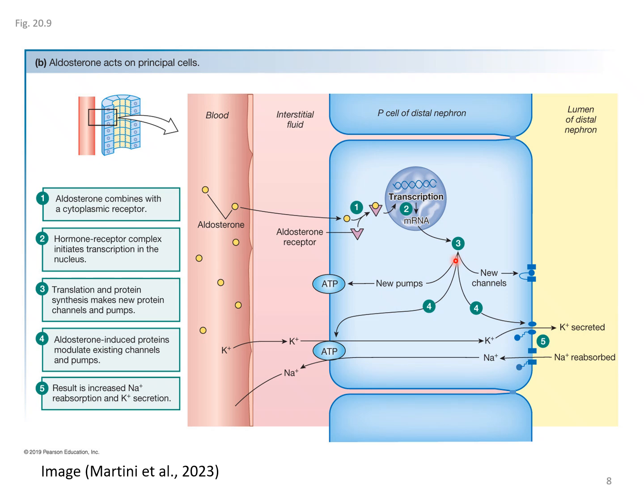With these channels, sodium reabsorption increases. Sodium goes back into the system and potassium, in exchange, goes into the urine, causing hypokalemia and hypernatremia in the blood.